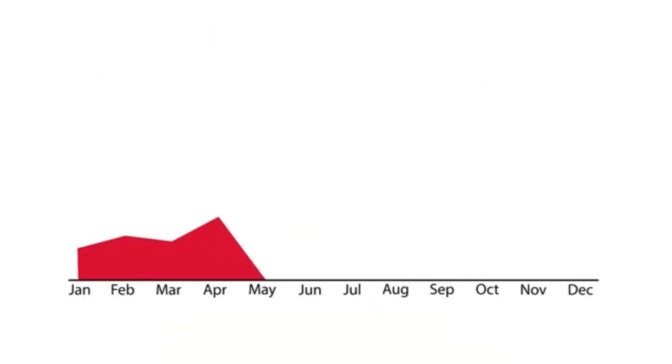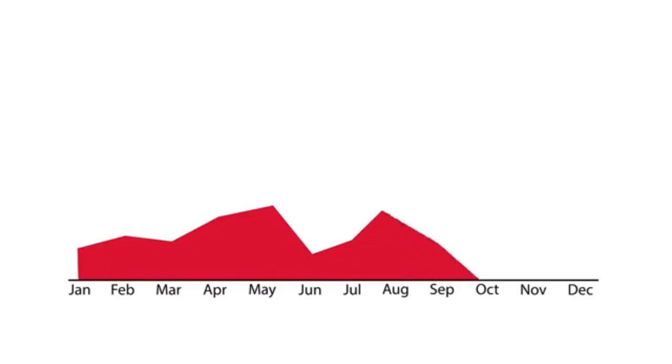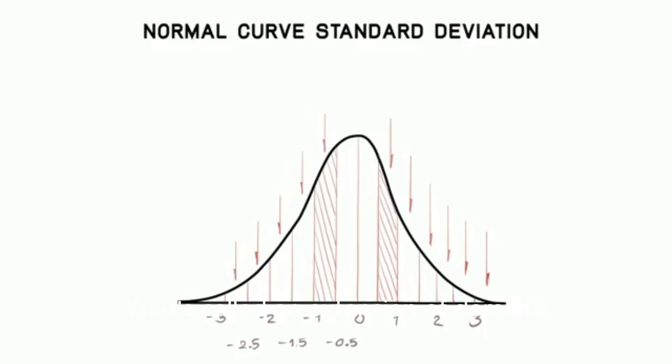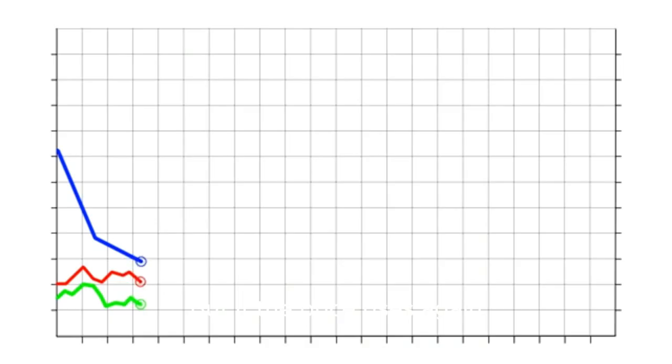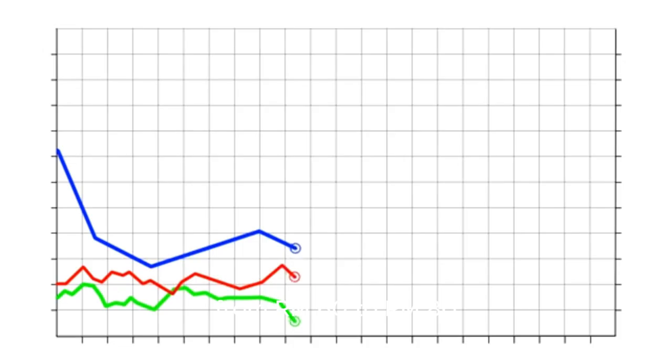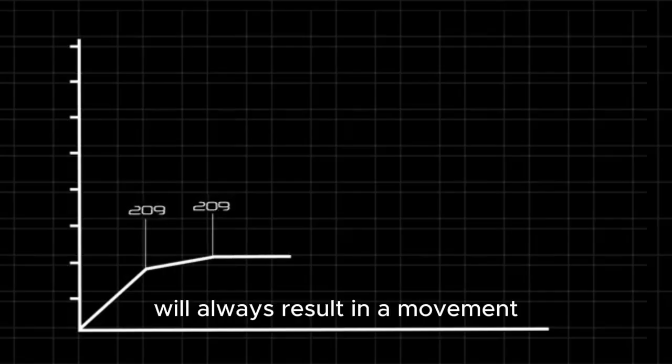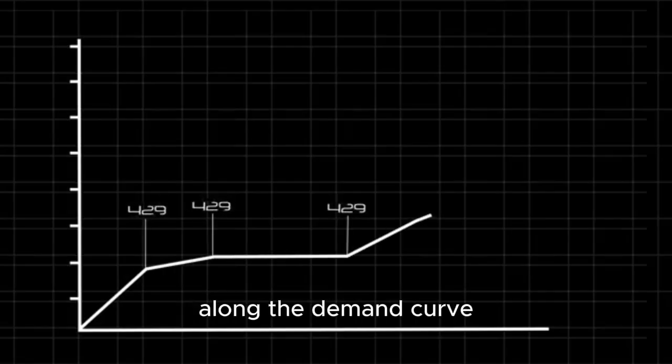For example, if the price of Coca-Cola drops from RM80 to RM60, the demand might rise from 300 units to 500 units. That's called an extension of demand. But if the price rises again from RM60 to RM80, demand falls from 500 to 300 units. That's a contraction of demand. Remember, a change in price will always result in a movement along the demand curve.